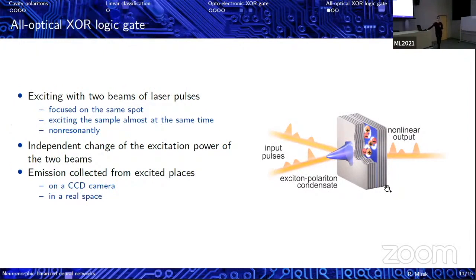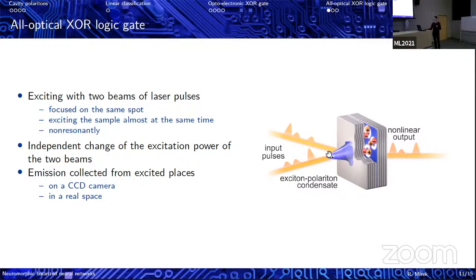So the second experiment will be performing an all-optical XOR gate. We want to make an all-optical system, and for this purpose we used two beams which were focused on the same position on the sample, and these were different pulses with different excitation powers.